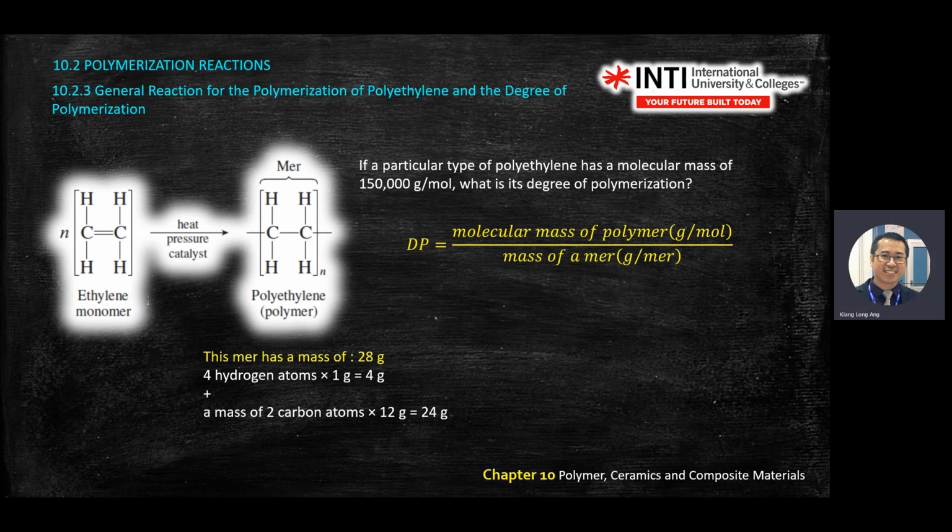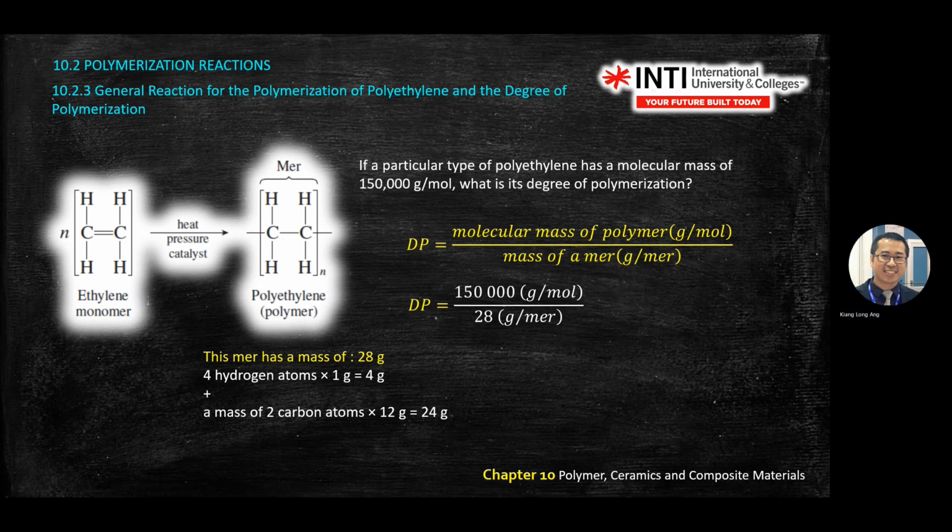So here, the molecular mass was given as 15000. How do you calculate the individual mer? When you break it down, it is C and then H. You can count from the periodic table: carbon is 12, H is 1.